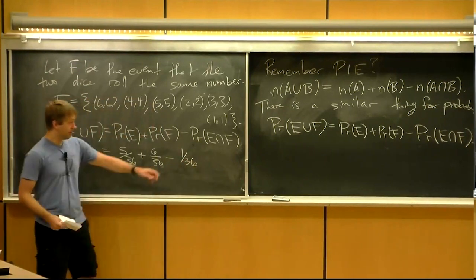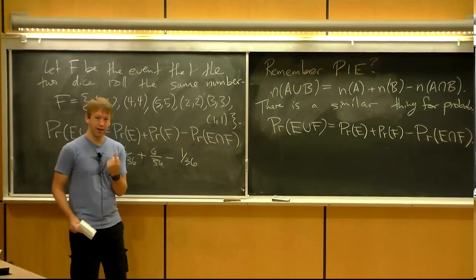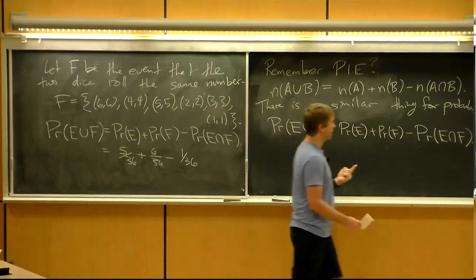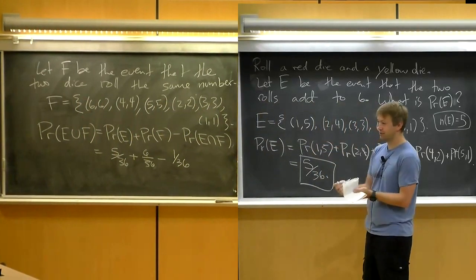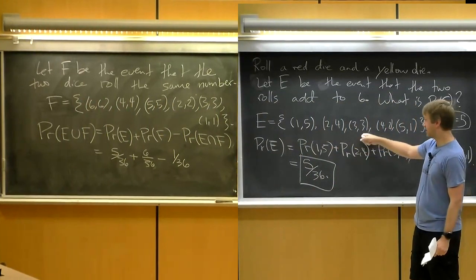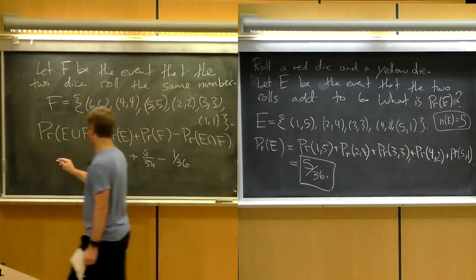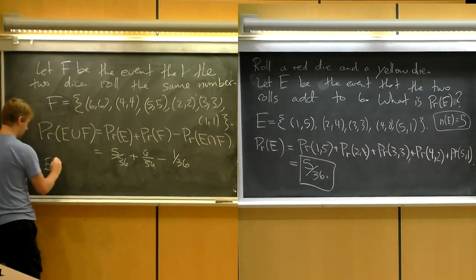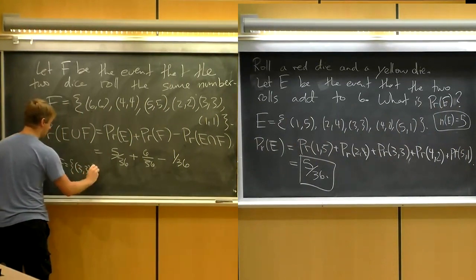Right, because what are the elements of E intersect F? There's only one of them, right? The only way to have two numbers that add to 6 and are equal to the same number is 3 and 3. So E intersect F is just the set containing the outcome 3, 3.